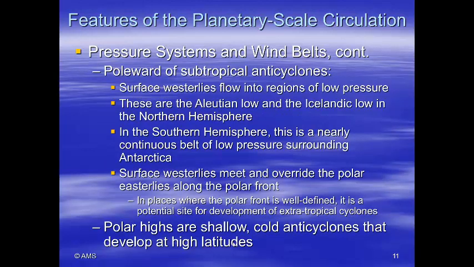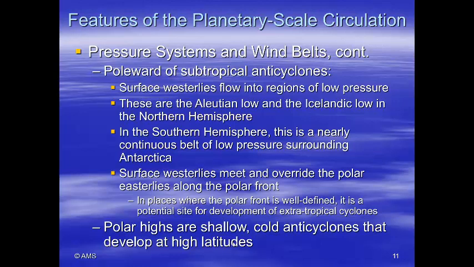If we look poleward of the subtropical anticyclones, we see that surface westerlies flow into this region of low pressure. These are the Aleutian low and the Icelandic low in the northern hemisphere. In the southern hemisphere, this is a nearly continuous belt of low pressure surrounding Antarctica.